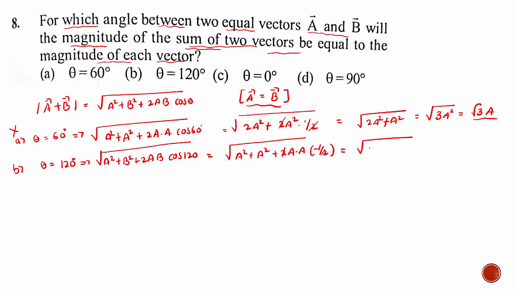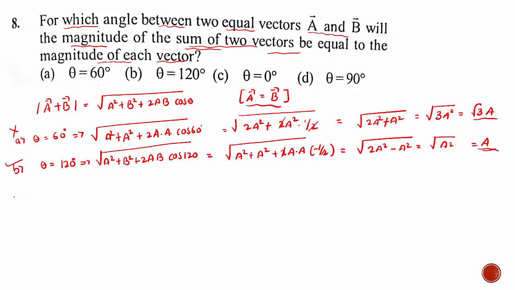We get 2A square minus A square, 2 minus 1 is 1, so A square. Root of A square is simply A. So here we got the answer simply A. That indicates, yes, we know that A equal to B here. Both have the same magnitude. So this indicates option B is correct.